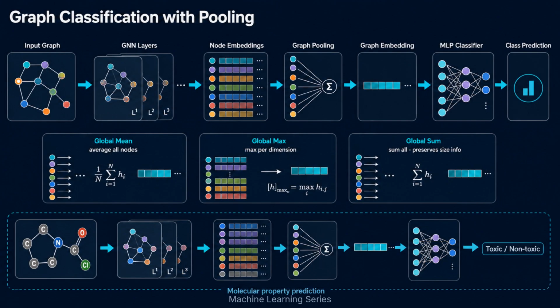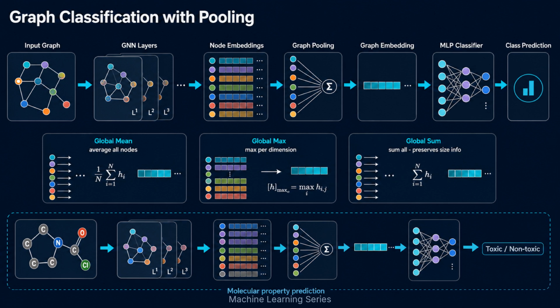So far, we've focused on node-level tasks. But what about classifying entire graphs? This requires graph pooling to convert node embeddings into a single graph-level representation. The simplest approaches are global pooling. Global mean averages all node embeddings. Global max takes the maximum value per dimension across all nodes, and global sum adds all embeddings together.